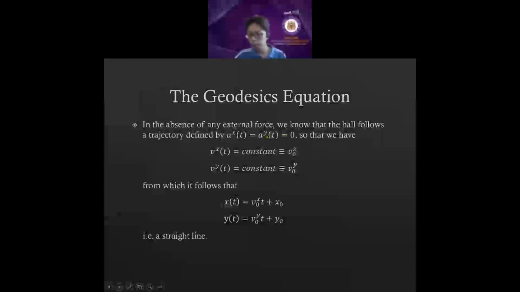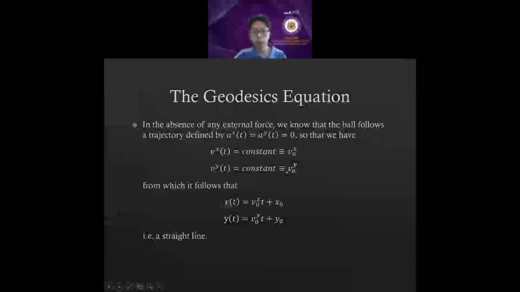From this, we are led to the condition that the velocity is constant. Both components of the velocity are going to be constant, which I'm going to denote with Vx naught and Vy naught.